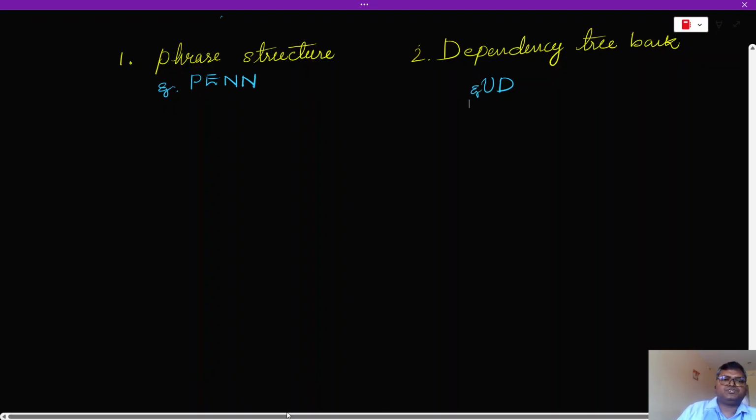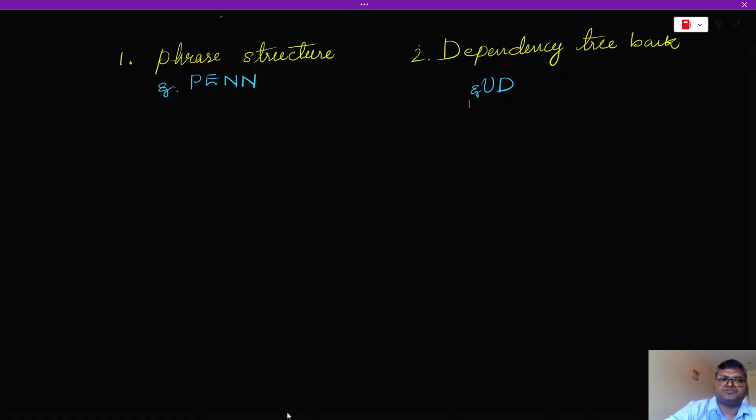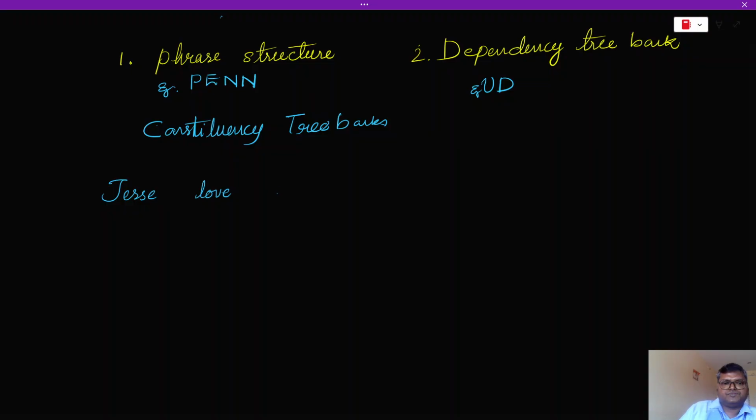Now, phrase structure tree bank will have the POS phrases. Remember, phrase structure tree bank is also called constituency tree bank. For example, you have a sentence, Jesse loves apple.